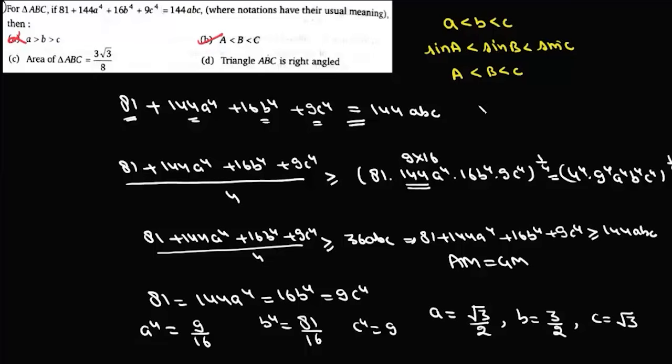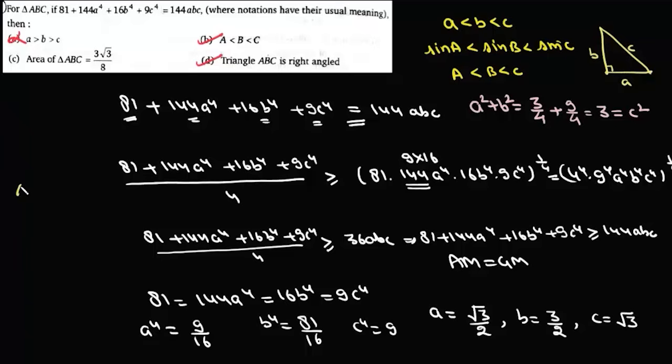Now if we look at A square plus B square, there will be 3 by 4 plus 9 by 4. Now this is 12 by 4, which is 3, and which is C square. That means triangle ABC is a right angle triangle. So option D is also correct.